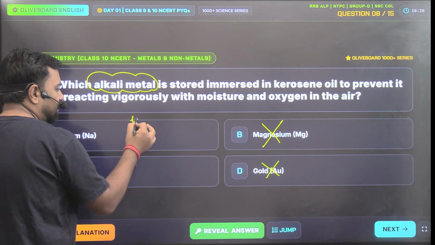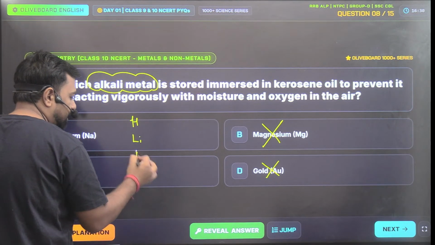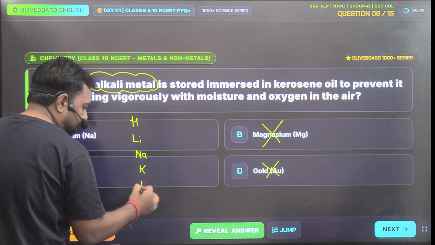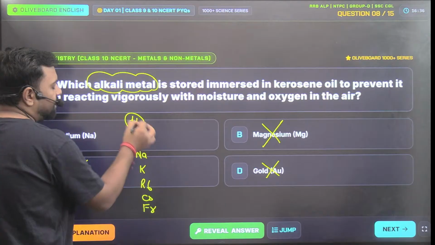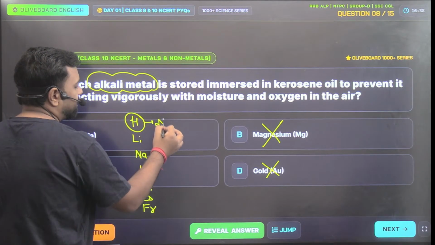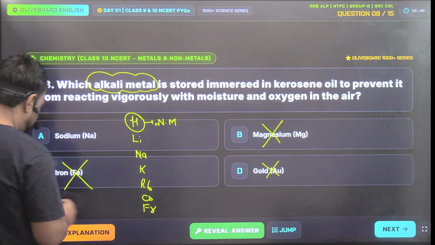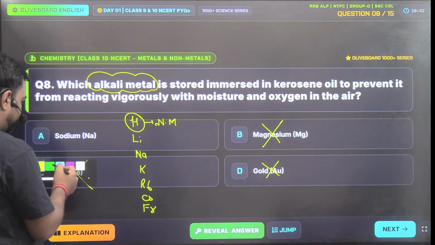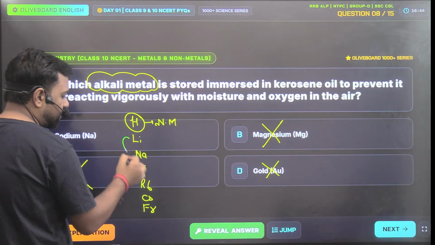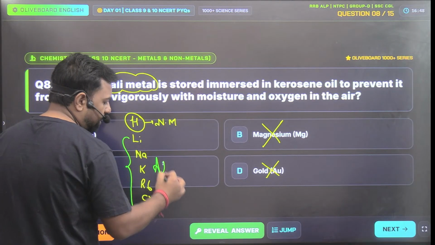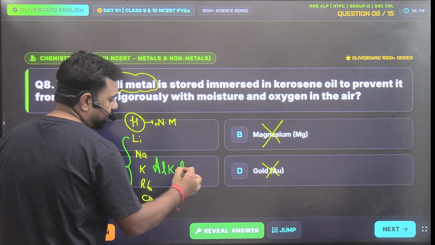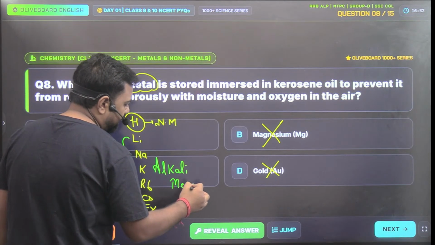So it's like Ha, Li, Na, Ki, Rab, Se, Faryad. So actually, hydrogen is a non-metal, right? So that's not an alkali metal, but all the rest, like lithium, sodium, potassium, rubidium, cesium, and francium, guys, they all are alkali metals, and they're highly reactive as well.